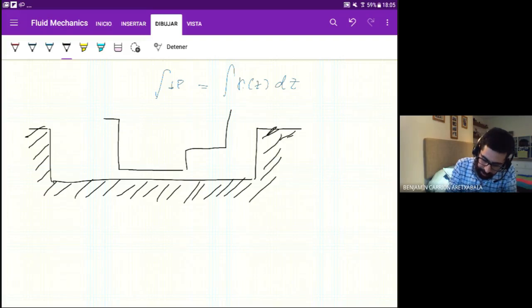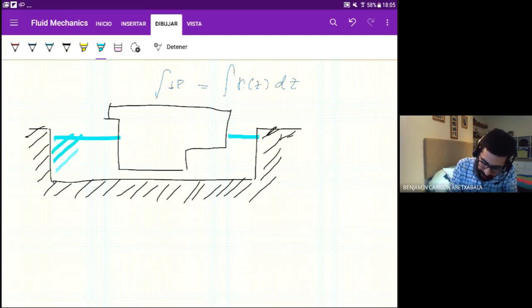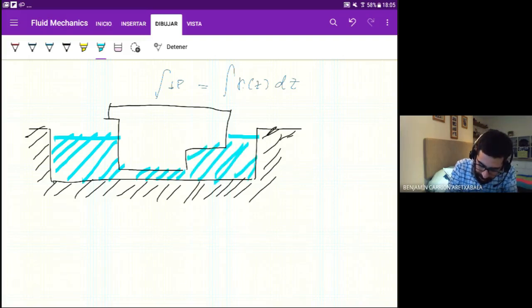And this part here is some kind of island in the middle. This is looking from the side, okay? And this is your water level. And these two sides are connected.